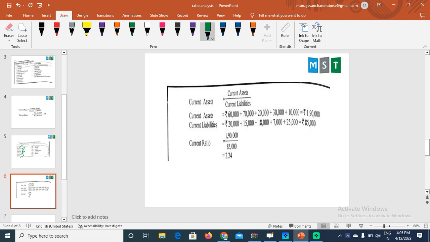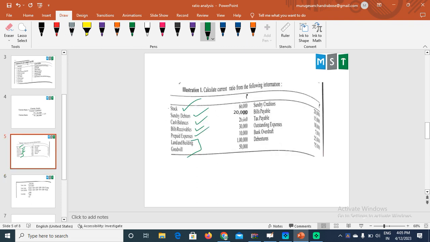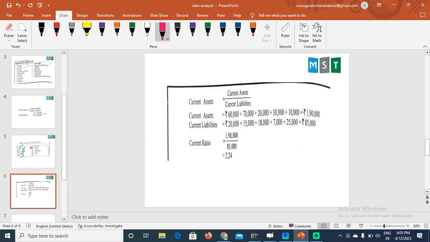See this: current assets. Stock is 60,000 rupees. Sundry debtors 70,000 rupees. Then cash balance 20,000 rupees.